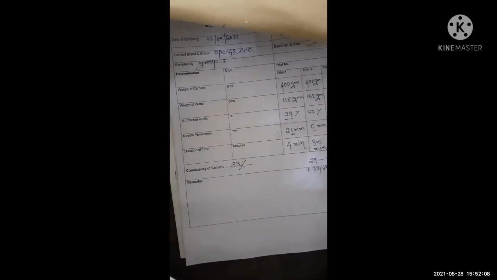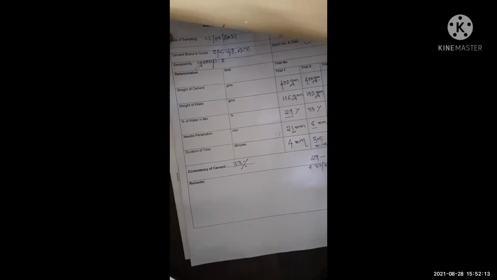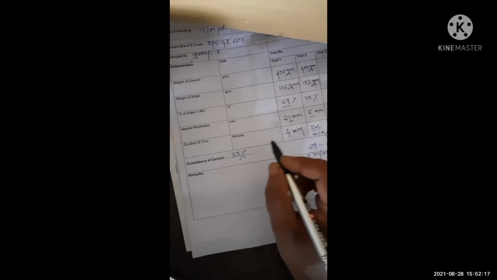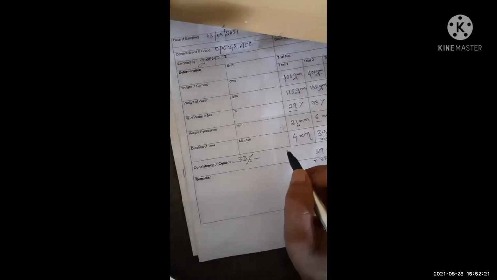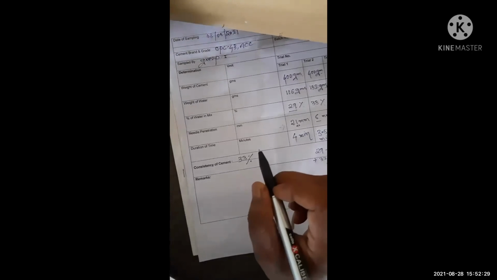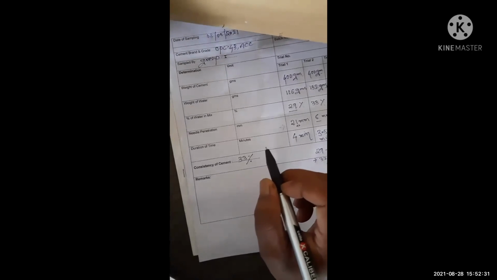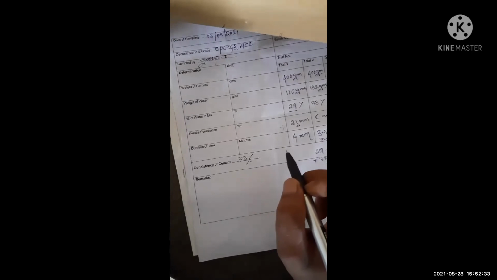Another way, in technical terms, we can say the quantity of water should be that at which the needle fails to pierce the block, penetrating between 5 to 7 millimeter from the bottom of the mold. This is the technical term.